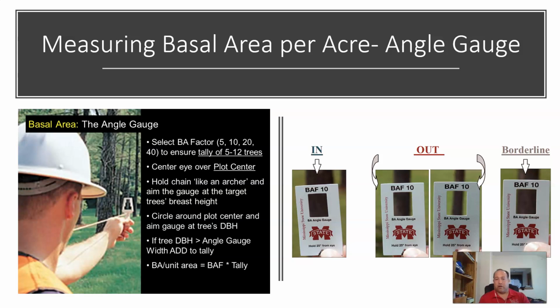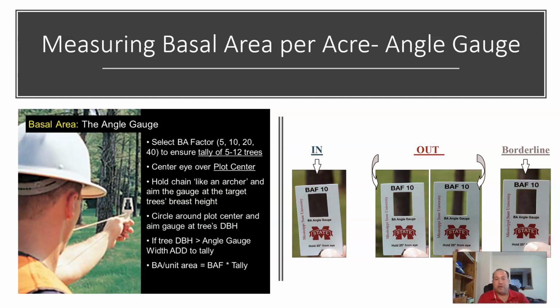You're either going to use an angle gauge or a prism, which we're about to talk about in the next slide. With one, you hold the instrument over plot center; with the other, your own eye is over plot center.